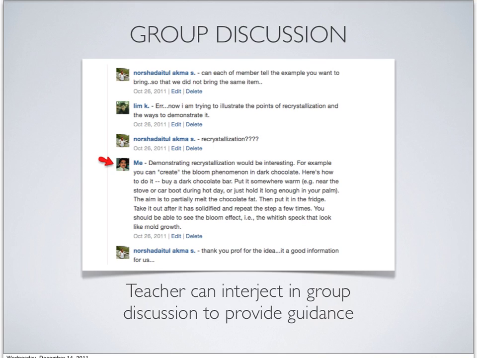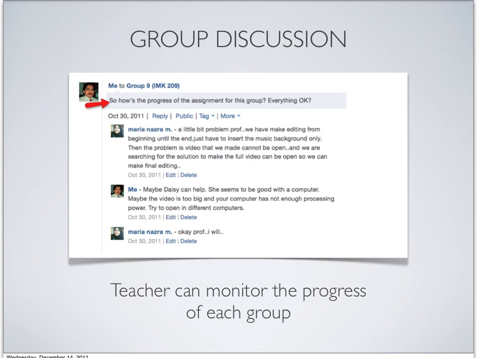For example, in this example, you can see the students are discussing about their assignment, and you can monitor whether all the students in the group participate in the discussion, who are the active members, who are the less active members. And if necessary, you can also interject, for example here, to provide guidance or to provide advice if you notice that the discussion is not going in the right direction.